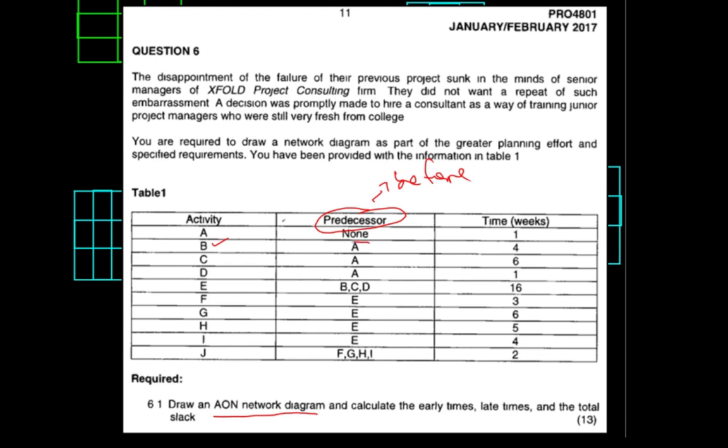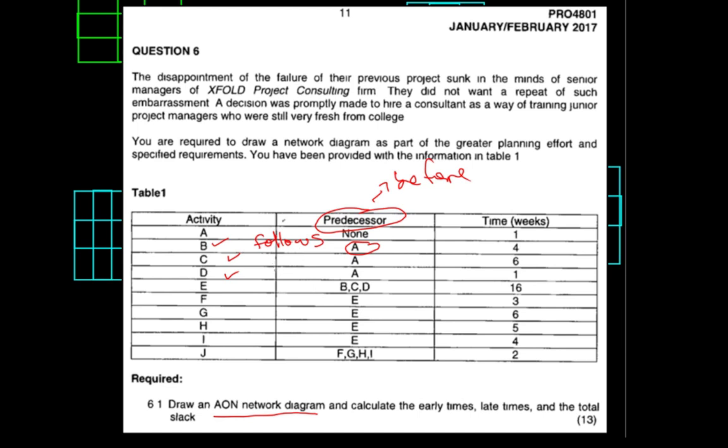It is A. So what this means is that B follows A. This is how you can read it when you are drawing your network diagram. It will help you to understand it that way. So when you go to activity C, you can say that C follows A. And D also follows A.